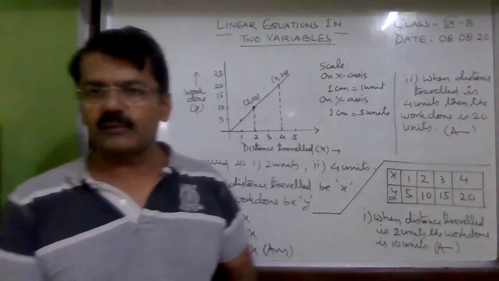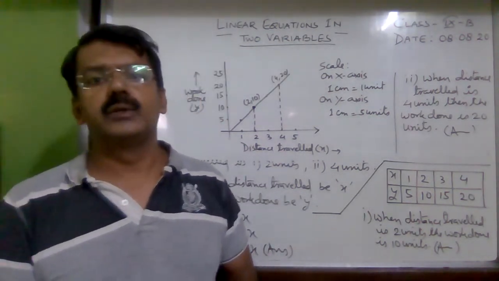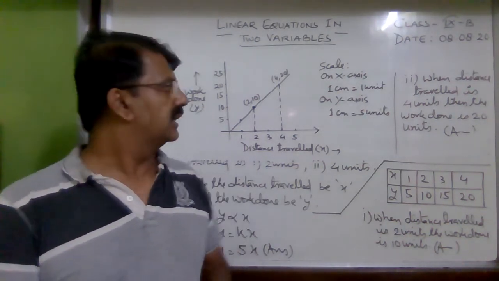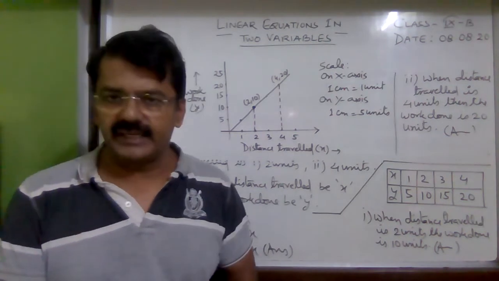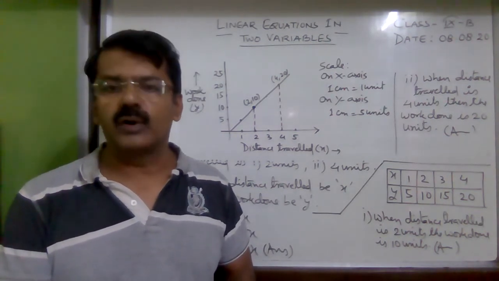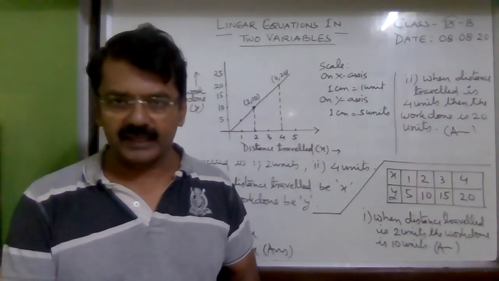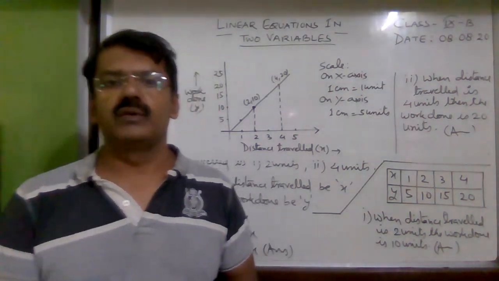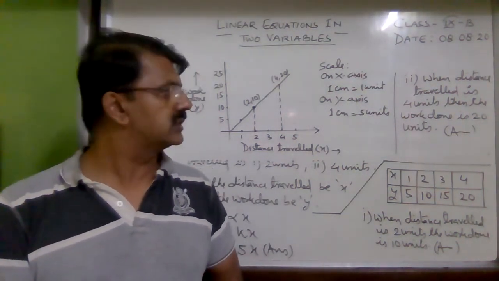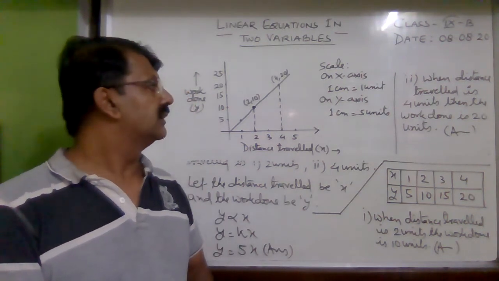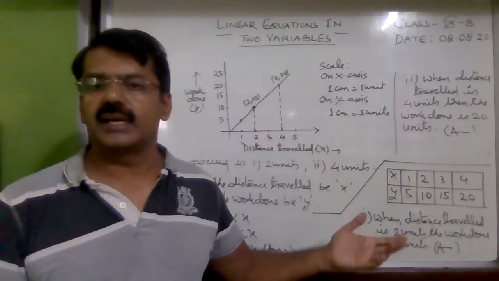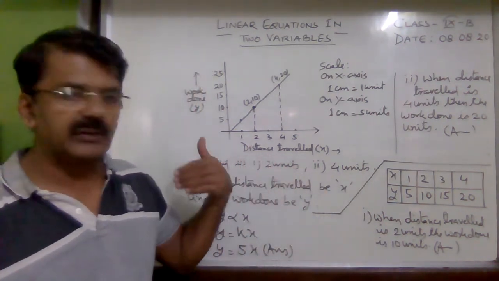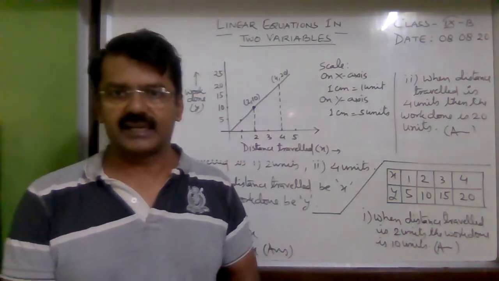So once the graph is formed, you can easily calculate the value of y for any given value of x. Clear? So in the next class we will do a few more questions based on these word problems. Okay.